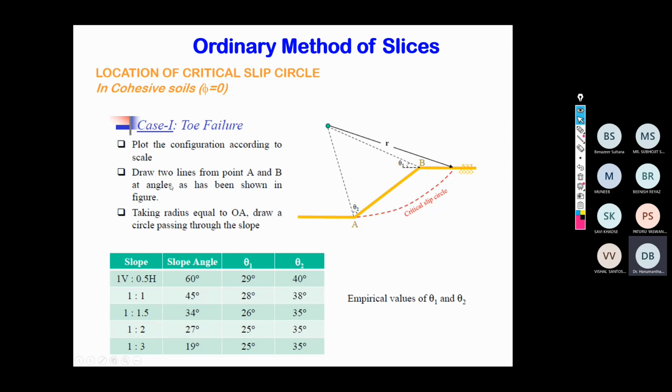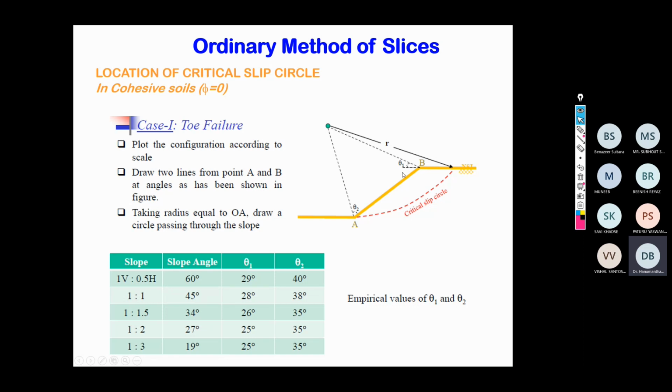Next, draw two lines from point A and point B at angles as shown in the figure. At A, the angle theta 2 is the acute angle between the line connecting the center to the toe and the face of the slope.